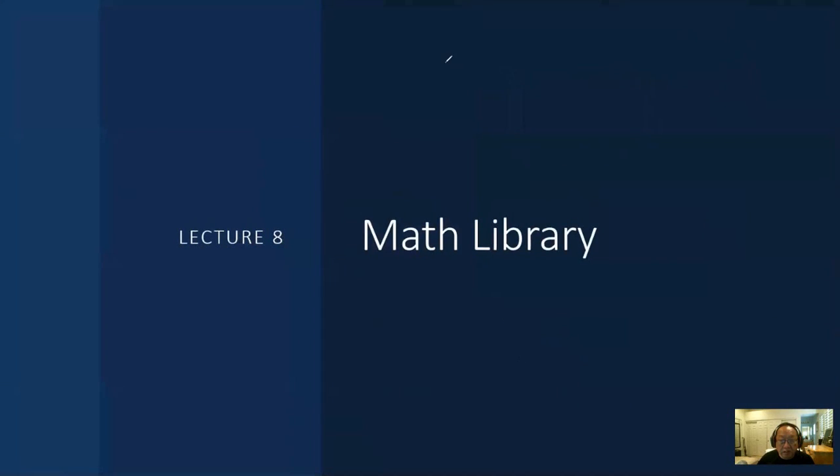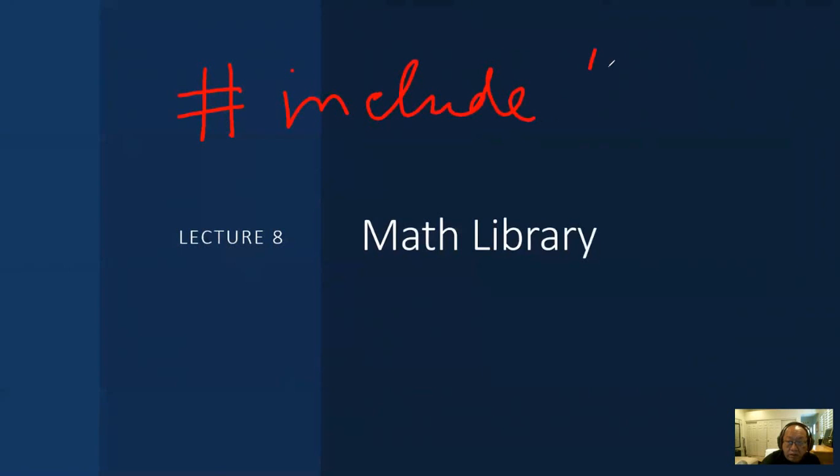In the C language, for any library you want to use, you need to include it, and for this one it is math.h. The math library includes random numbers and many other things, and it also has different functions for double and other number types. The math library is not the only library related to math.